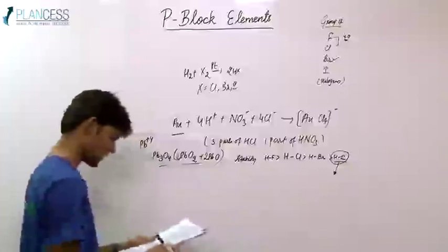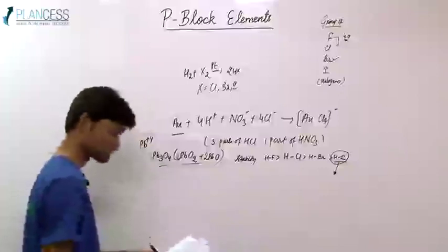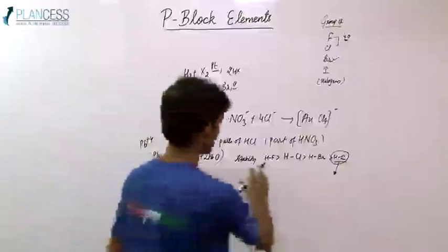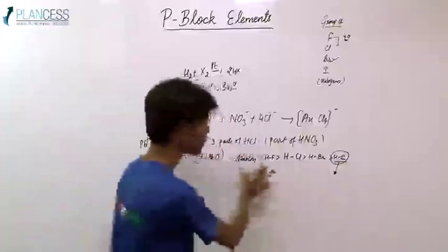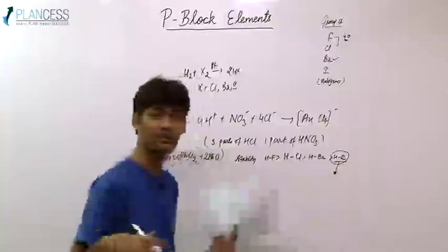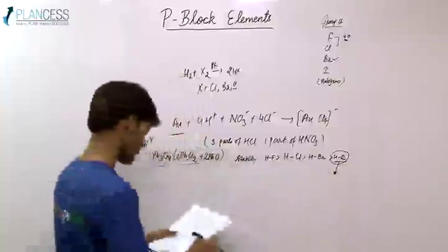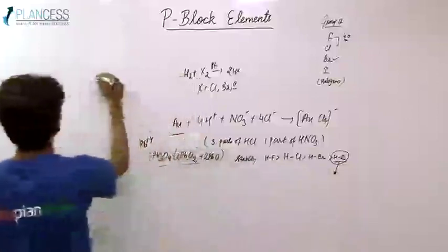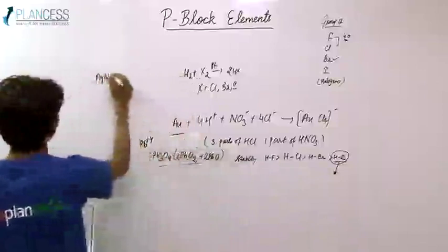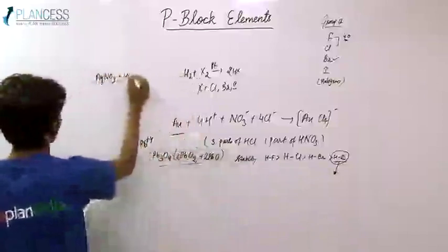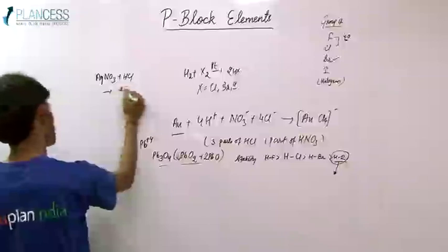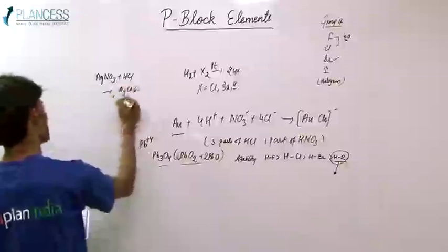Now detection of cations. HCl, HBr and HI are used for the detection of cations because they form colored salts with many cations. For example, AgNO3 reacts with HCl to form AgCl, which is a white precipitate.